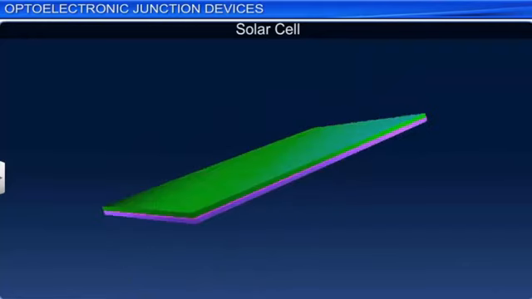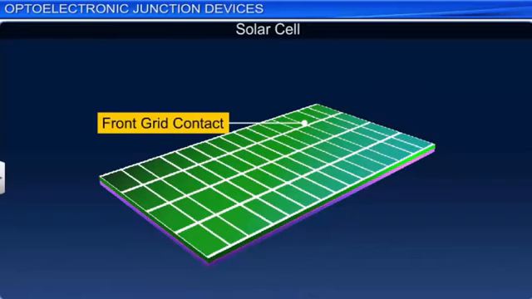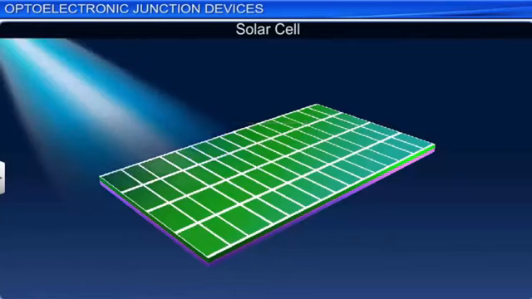The top of the n side is provided with a metallic grid contact that covers only a small percentage of the total exposed area of the cell. A solar cell works when light is incident on it from the top over the n side of the device.